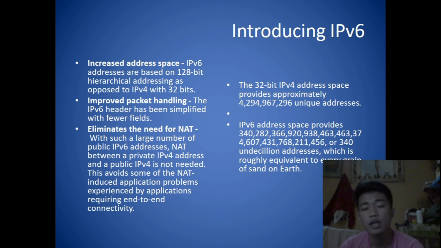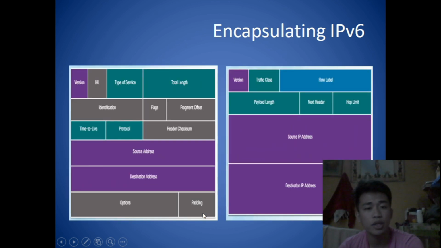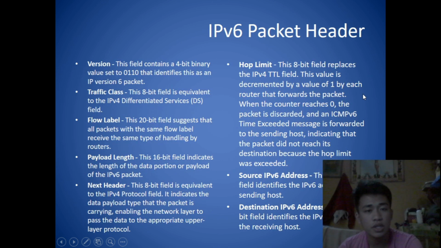So next we have encapsulating IPv6, as you can see here in this image. In the IPv6 header, we have version, traffic class, flow label, payload length, next header, hop limit, source IPv6 and destination IPv6.